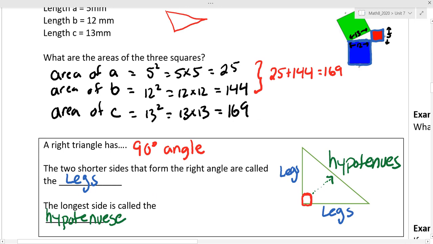Which comes in handy. When I was building my house, I didn't technically build it myself. I hired contractors and framers and stuff like that. And while we were building it, I checked all the corners of my house to make sure they were square, right? Because when you start shopping around for houses, you see some houses are a little more shoddy made.